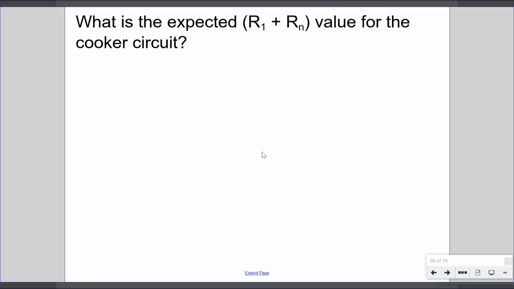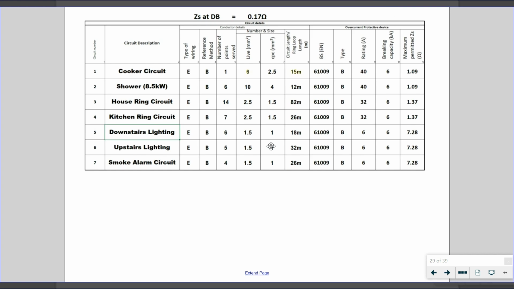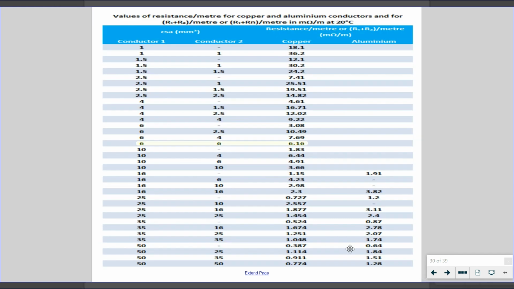Follow-up question from that: what's the expected R1 plus Rn value for the cooker circuit? Pretty straightforward. We're dealing with the live conductors here. So we have a 6mm squared line and a 6mm squared neutral conductor, both 15 meters in length. Again, we get into Appendix I in the On-Site Guide, or Appendix B in Guidance Note 3, and we look down the table for the 6mm squared conductor 1, conductor 2 values, and we get 6.16 milliohms per meter.